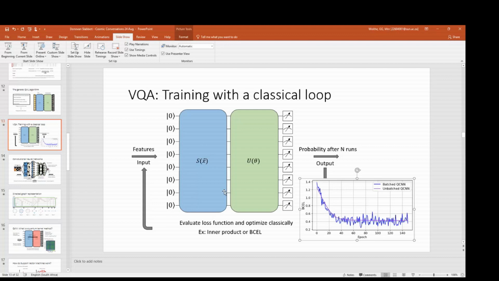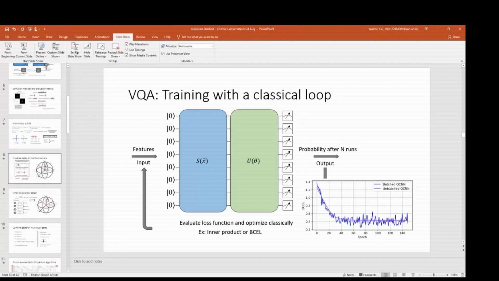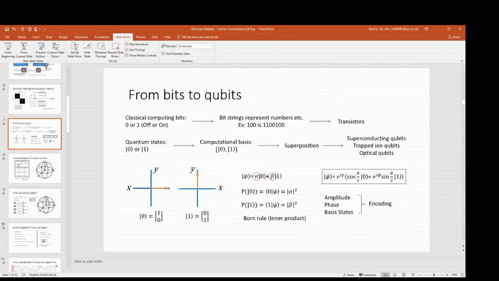What are some common approaches to initialization or to encoding the feature space? Yes. The main three, as I said earlier, are amplitude, phase, and basis encoding. The one I did is kind of like a phase encoding, where we essentially rotate our feature on the Bloch sphere. That is angle encoding. Amplitude encoding essentially means that we take the alpha value or beta value, and that becomes our information.